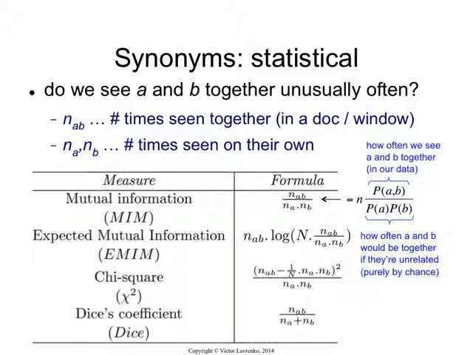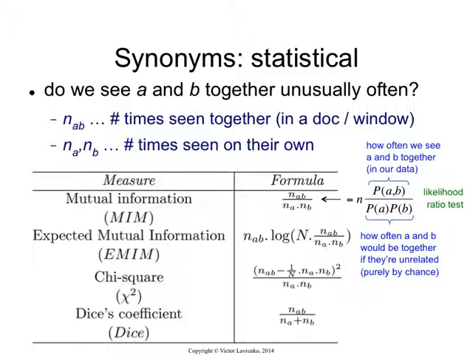If they really were unrelated, sometimes accidentally they'll happen in the same context. So what this ratio measures is how much more often you see them together than you would expect by chance. So there's a name for this. It's called the likelihood ratio test, and it's actually used all over statistics in various forms.